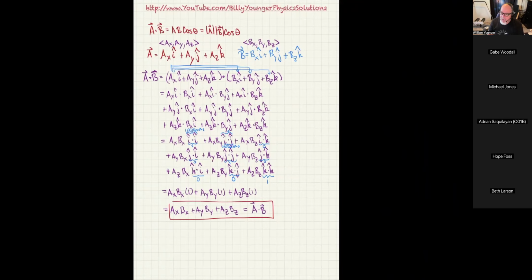And then you can compute the magnitude of A and the magnitude of B, and then set ax bx plus ay by plus az bz equal to the magnitude of A times the magnitude of B times the cosine of theta, and that allows you to find the actual angle between the two vectors A and B. So it's a really powerful tool to have because you can do all this stuff with it, which obviously includes projection vectors, making work with integrals and all sorts of cool stuff like that.